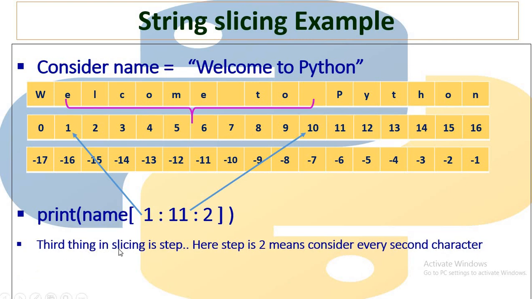So the third thing in slicing is a step. Here step is 2 means consider every second character of the shaded portion. So output is ECMO. I hope you understood it properly. Step means the characters you are considering in the expected part.